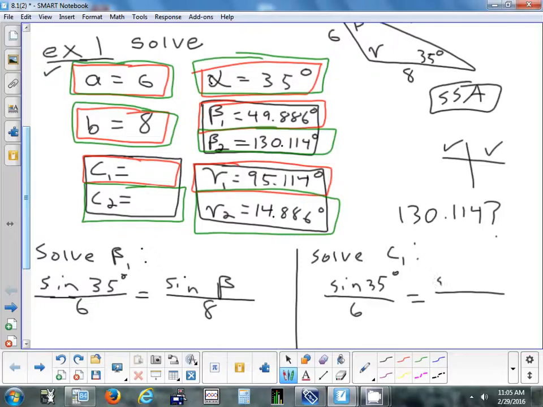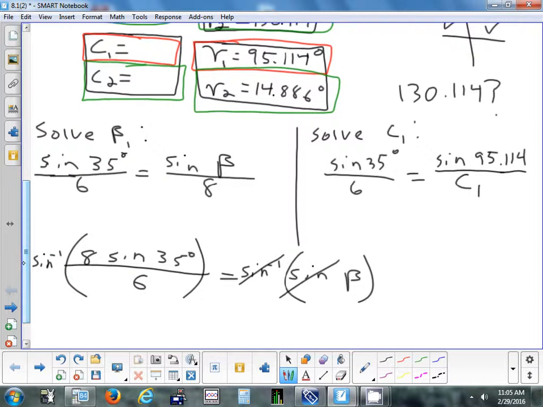Okay, and what's going to go on the other side? Sine 95.114 over which one? C1. C1. All right, so okay, cross multiply, and then we'll have C1.